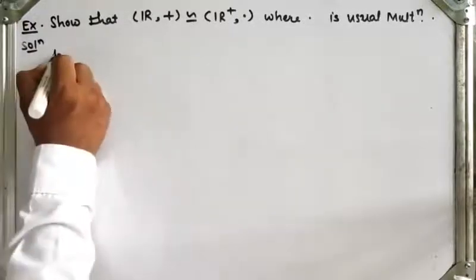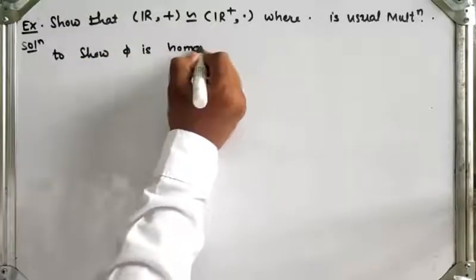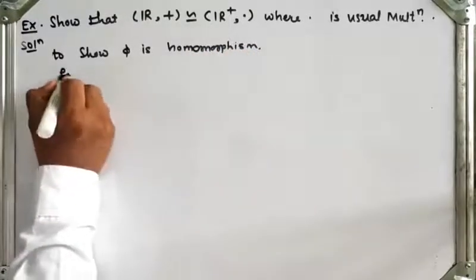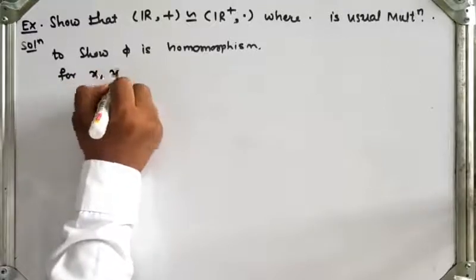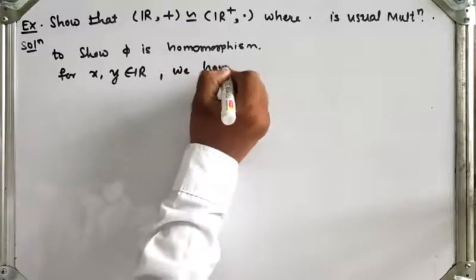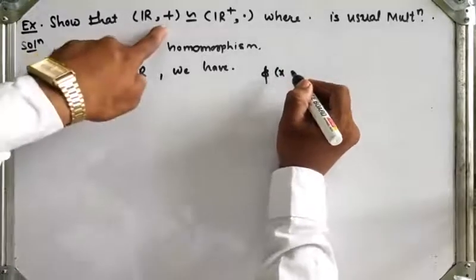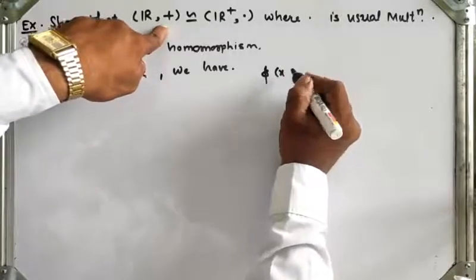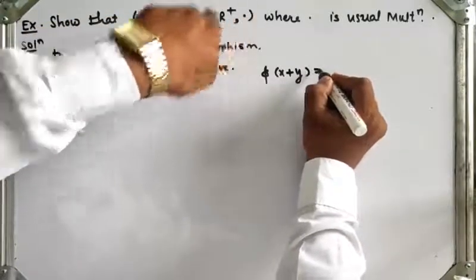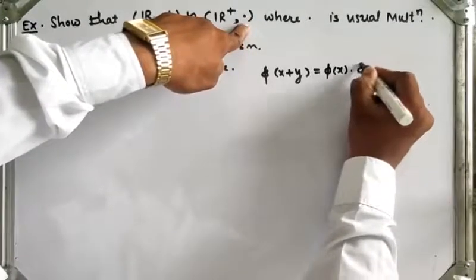Now the third case, we have to show that phi is a homomorphism. For homomorphism, take x, y belongs to R, then we have phi of x plus y, since the first set has binary operation addition, and in the second set we have binary operation multiplication, so we have to show this equals phi of x into phi of y.